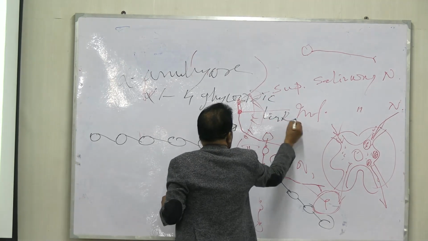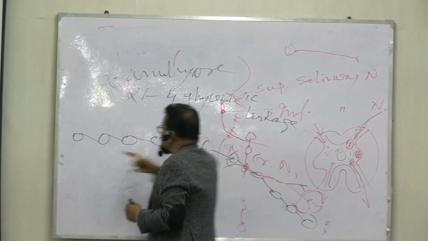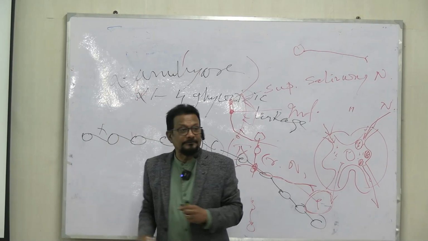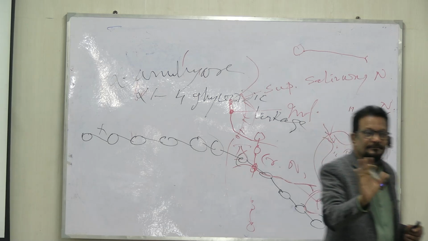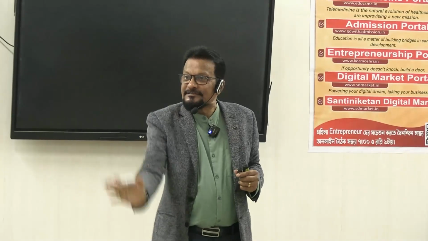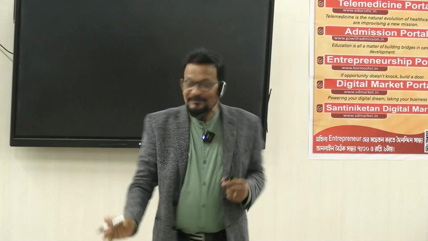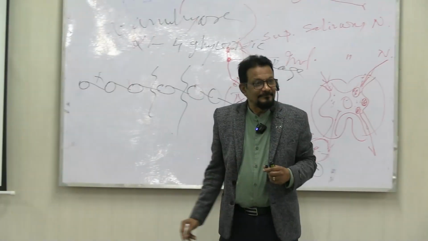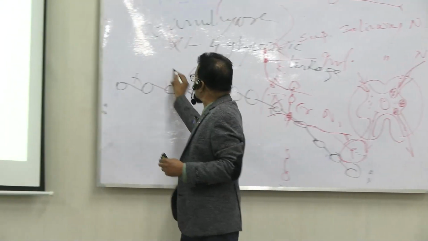But amylase cannot break the terminal one, because it can act only on the central ones. So here it can break this. If it breaks this, what will happen?